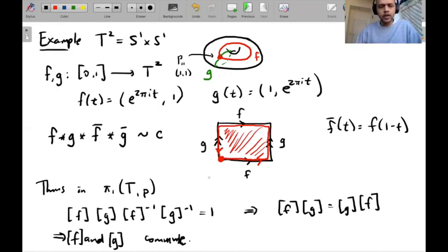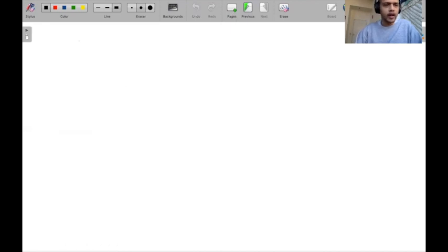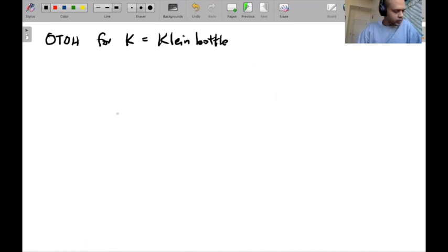So I want to contrast this with the Klein bottle. On the other hand, for the Klein bottle, K, remember, K is obtained by a different side identification, like this.